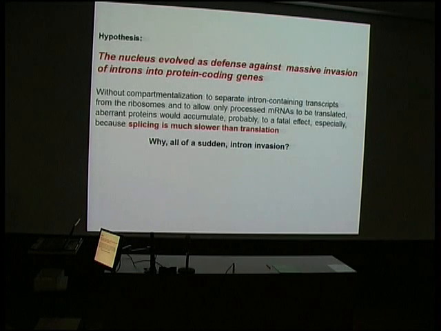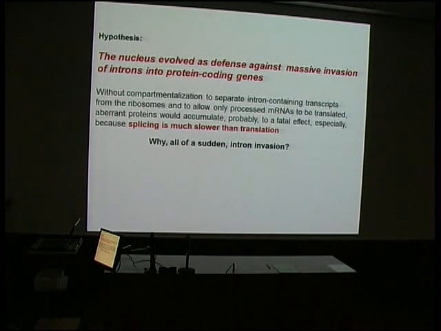Without compartmentalization to separate intron-containing transcripts from the ribosome, and to allow only mature, correctly processed mRNAs to be translated, there would be tons of aberrant proteins accumulating in the cell, probably actually killing the cell, especially because splicing, for all we know, is a much slower process, by about 2 orders of magnitude, than translation.